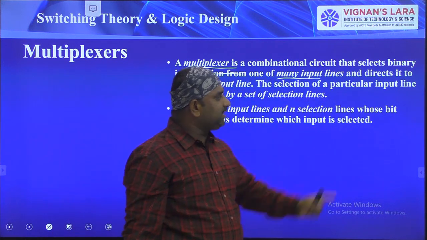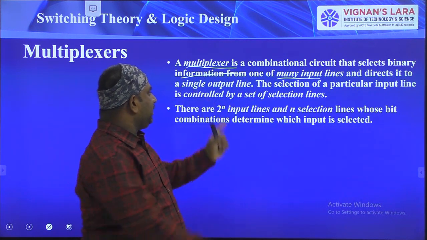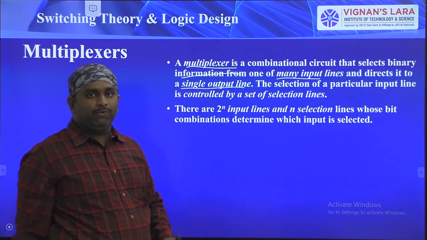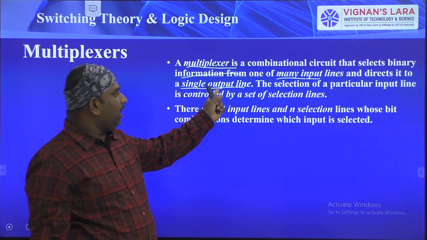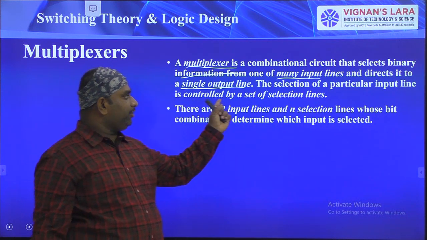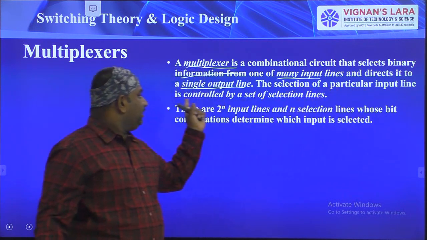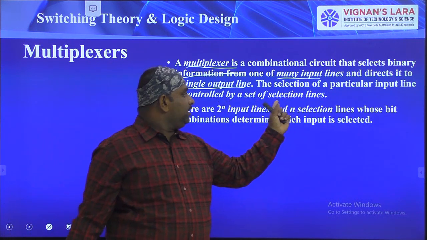So many input lines are available, and they are directed to a single output line. The selection of a particular input line is controlled by a set of selection lines.